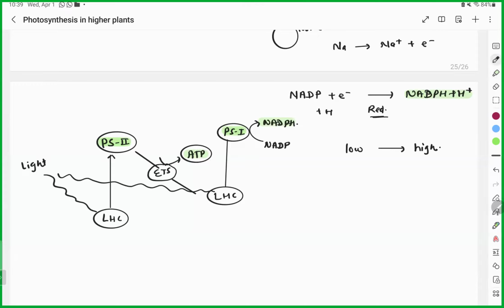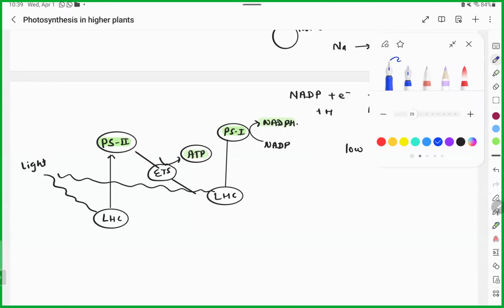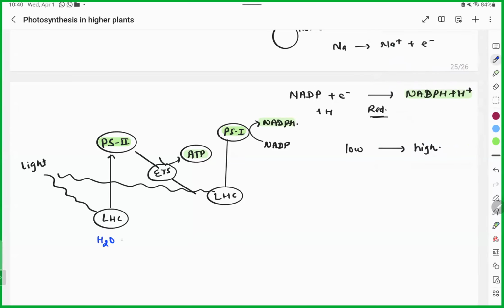Very good. So water splitting is really, really important. Water splitting is like your mother. So who is ultimately giving money? Your parents, correct? So when H2O is present in the leaf and light falls on this H2O, it will break down into two H positive and electron, correct? And O2 will be produced.